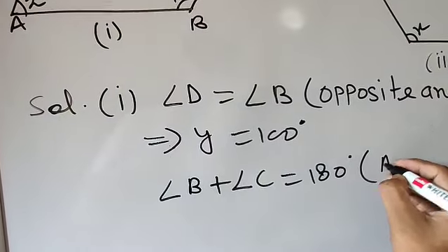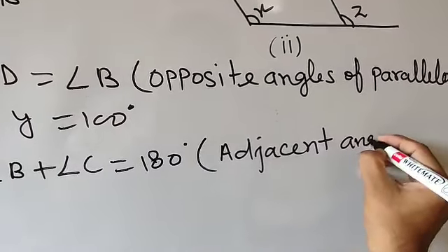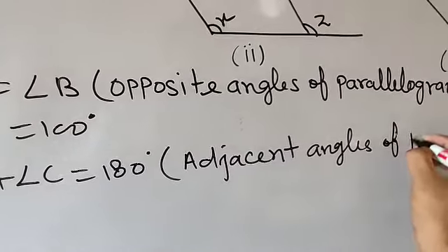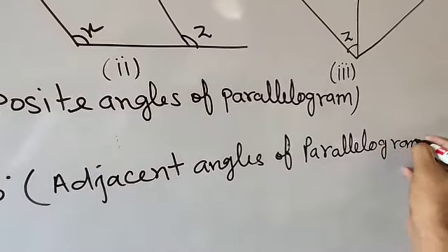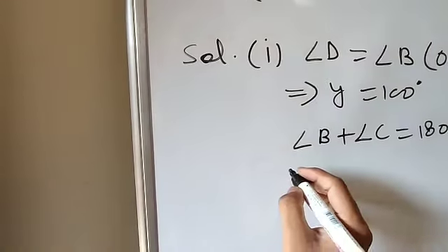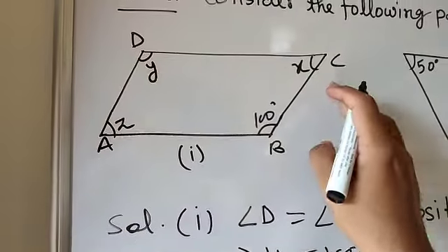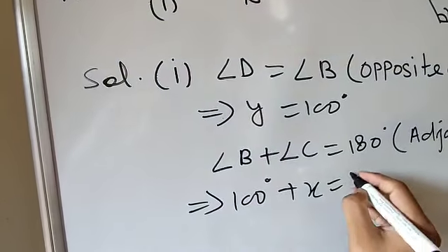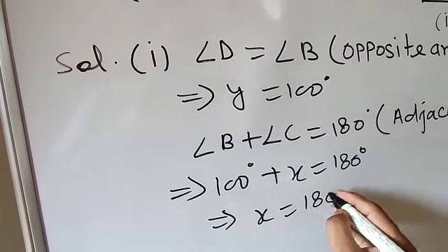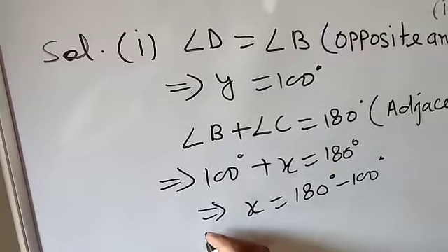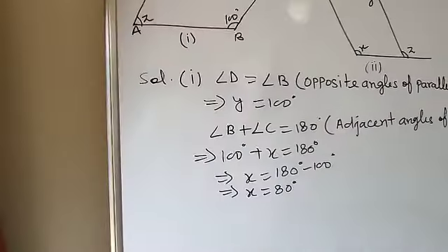Reason you can give: adjacent angles of a parallelogram. Now angle B is 100 degrees, so 100 degrees plus angle C, which is x, so plus x equals 180 degrees. It shows that x equals 180 degrees minus 100 degrees, so x equals 80 degrees. So the value of x is 80 degrees.